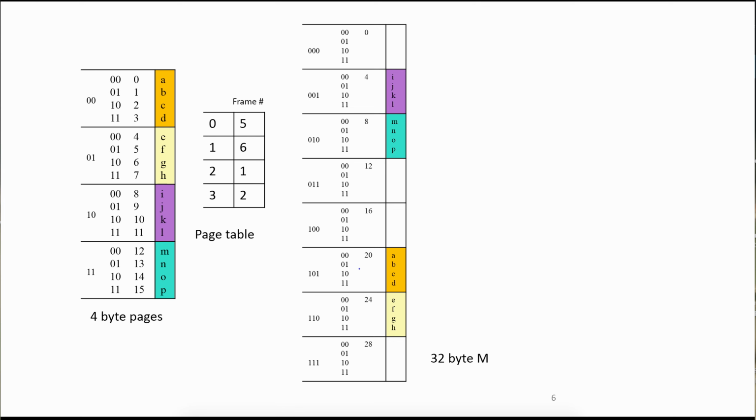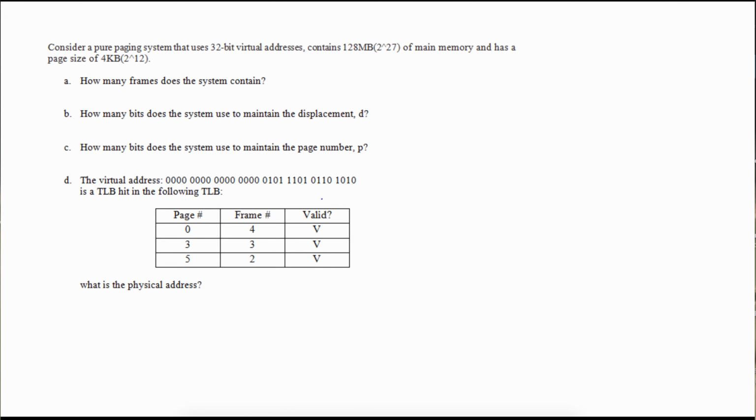All right, the next exercise I want to show you is this little exercise, which I've already done, but I'm going to do it again. Let's say that you have a 32-bit virtual address. That means that it's broken up into page number and offset within the page. If the size of the pages is 4 kilobytes, that means you need 12 bits for 4 kilobytes.